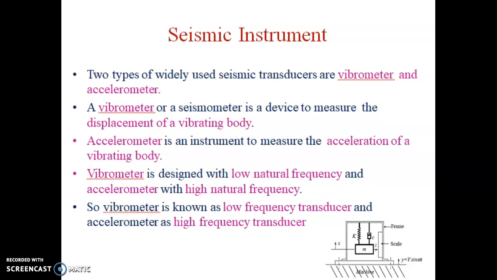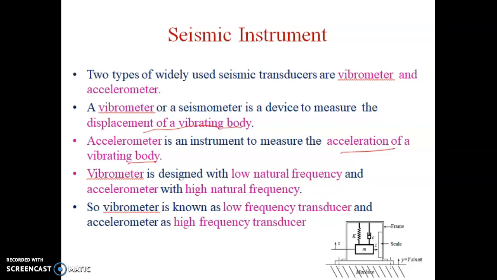A vibrometer is a device to measure the displacement of a vibrating body. On the other hand, the accelerometer is an instrument to measure the acceleration of a vibrating body. So the same seismic instrument can be used for measuring the displacement or the acceleration.